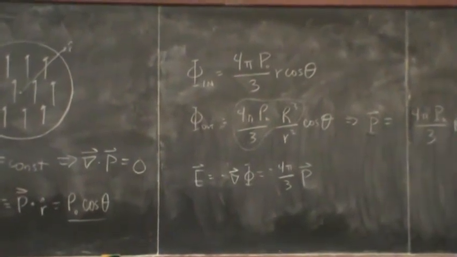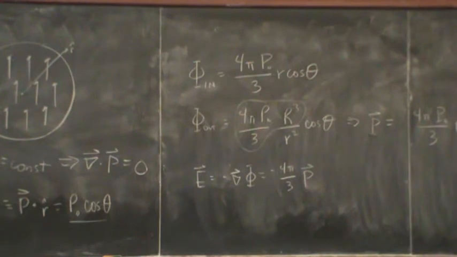So I take an object, I polarize it uniformly. And the result is that the field on the inside is constant, and the potential outside looks like the potential of a dipole with that dipole moment.